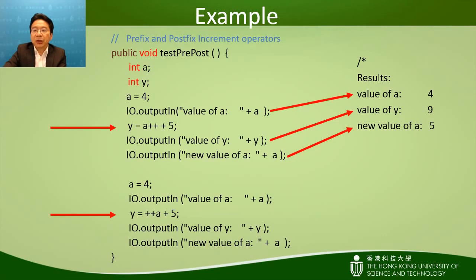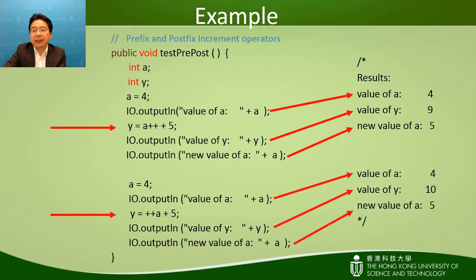The increased value of a will then be used as the value of the expression ++a. That is, 5 would be added to the integer literal 5, and the result of 10 would be assigned to y. So you can see that this would be the output for the second half of the program. The difference here is that in the first half of the code, the value of y is 9. In the second half of the program block, the value of y is 10.